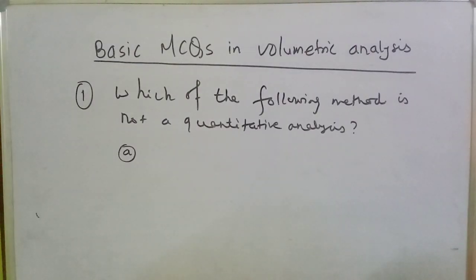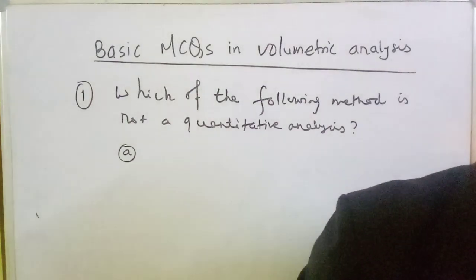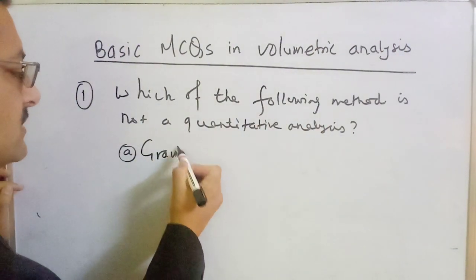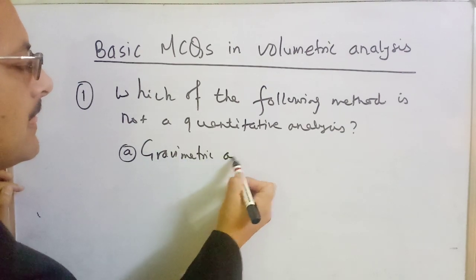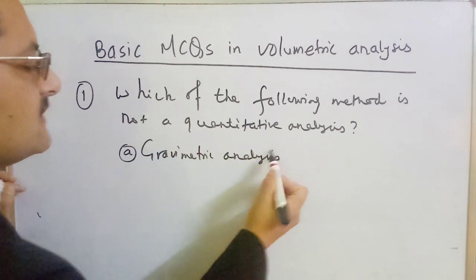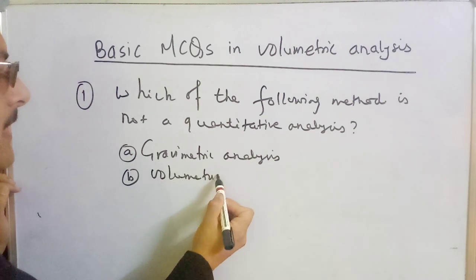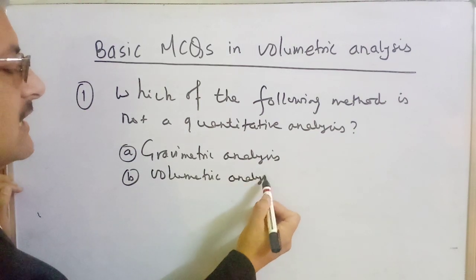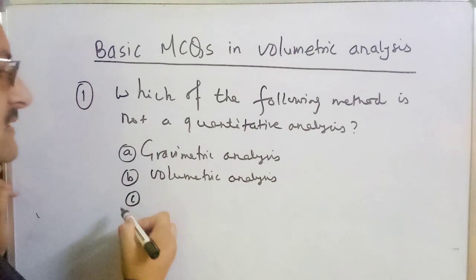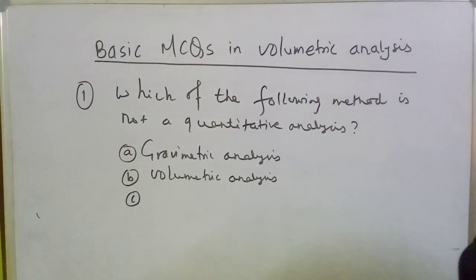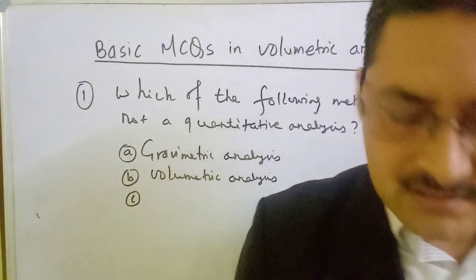So I'm giving the options here. Option A is gravimetric analysis, and option B is volumetric analysis. Similarly, in option C we have detection of radical in salt.